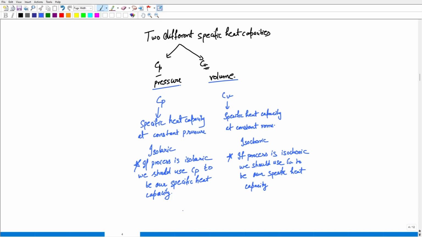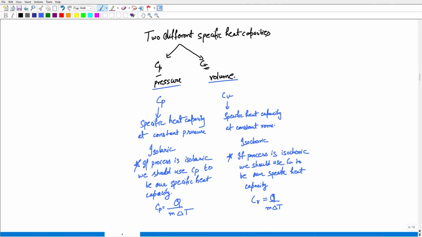Both are defined in a similar way, Q by m into delta T. So Cp is Q by m into delta T, and Cv is also. Keep it in mind, till now we are using small c, Q by m into delta T.